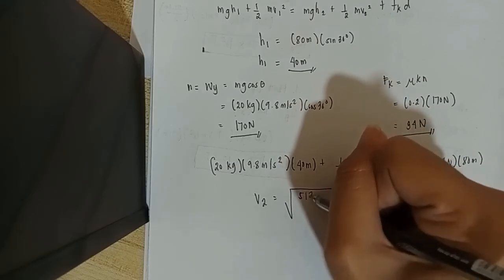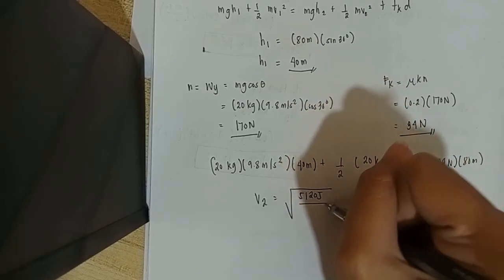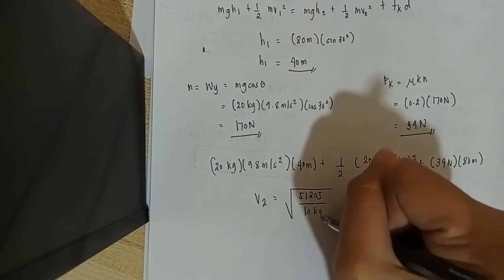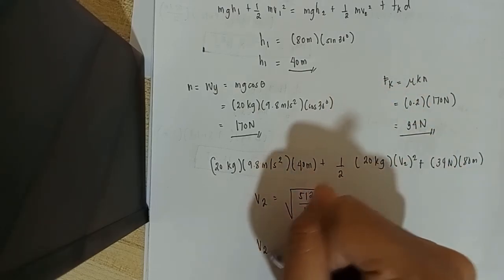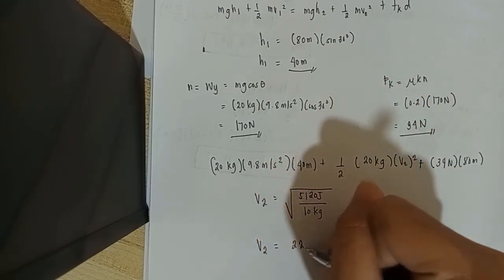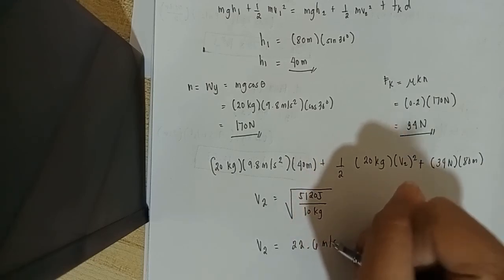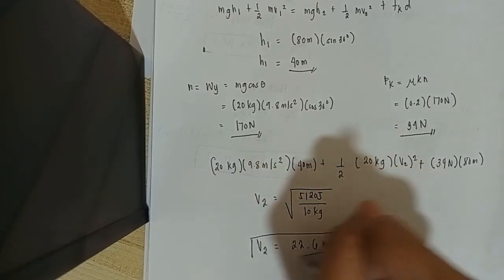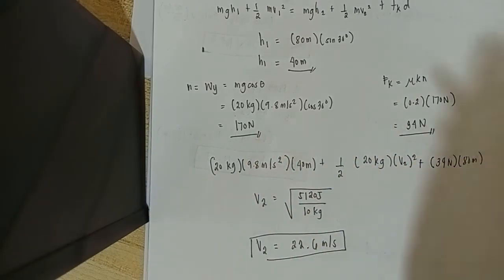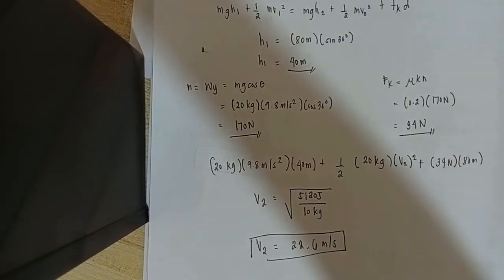So v sub 2 is equal to the square root of 5,120 joules over 10 kilograms. That would be 22.6 meters per second. That will be the velocity at the bottom of the incline.